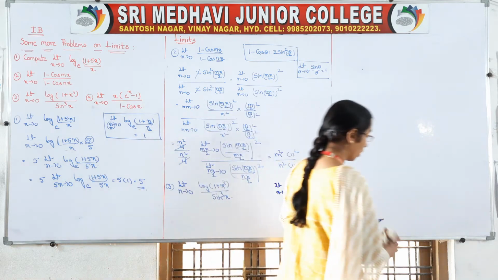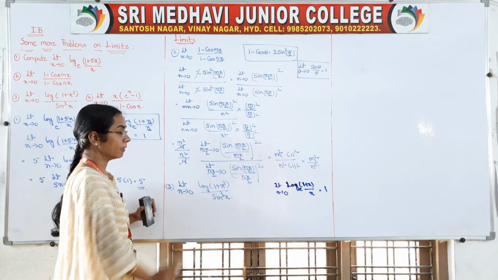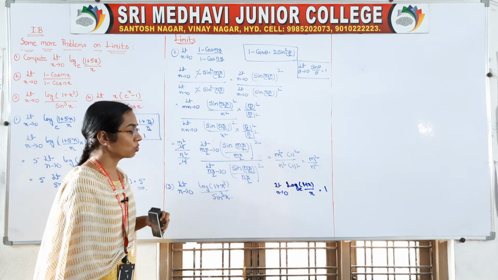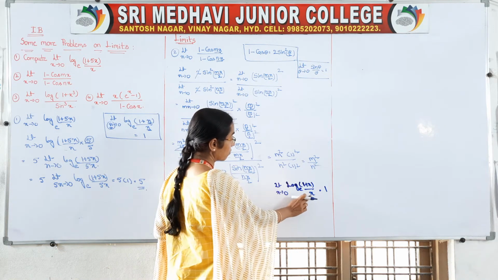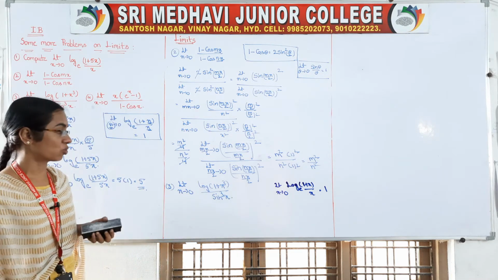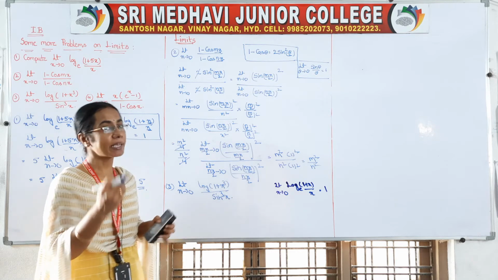There is a formula. Okay, so now if you observe here, instead of x we are having x cube. So downwards also, here x is there, downwards x. Here x cube is there, downwards we want x cube. That means we want log of 1 plus x cube by x cube.